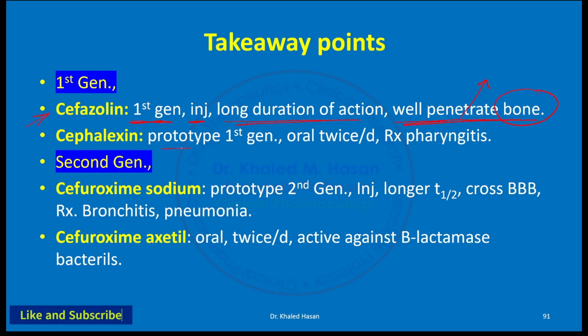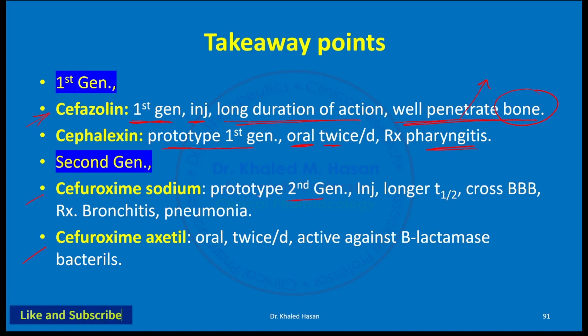Cephalexin is the prototype of the first generation. Cephalexin is oral, prescribed twice daily, and could be prescribed for patients with pharyngitis. Second generation cephalosporins: we have cefuroxime sodium and cefuroxime axetil. Cefuroxime sodium is considered the prototype.